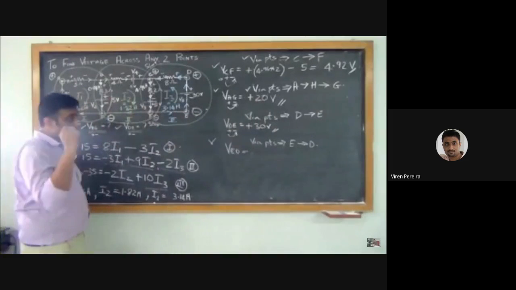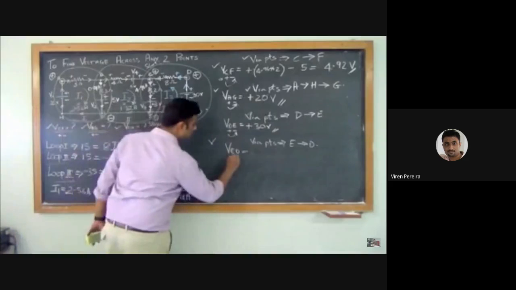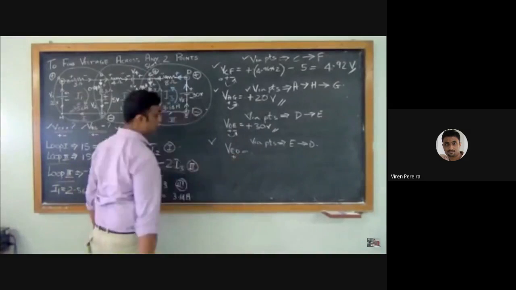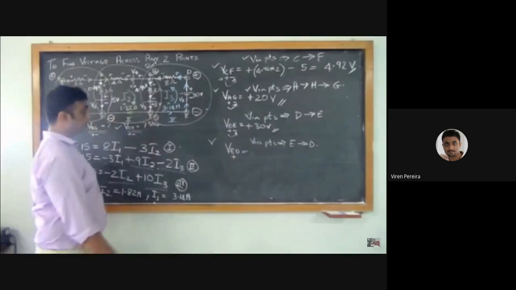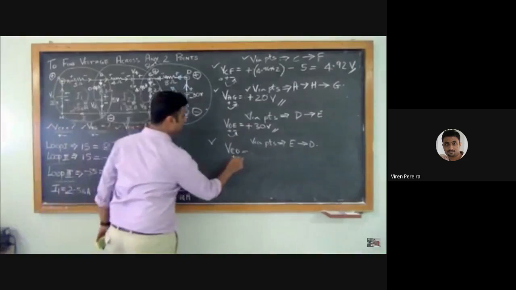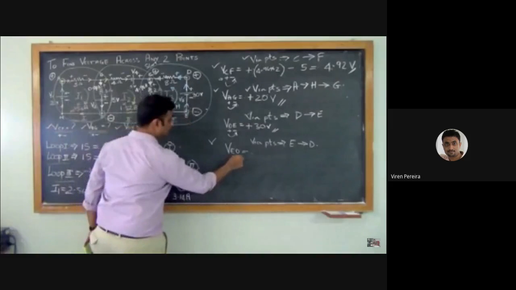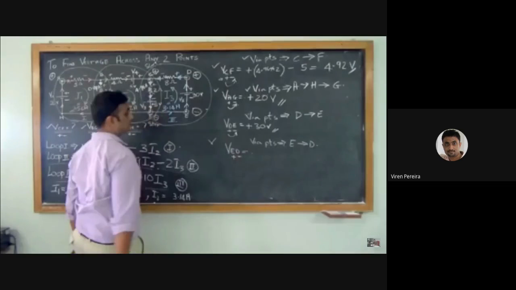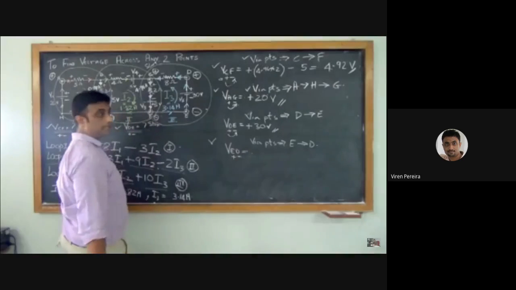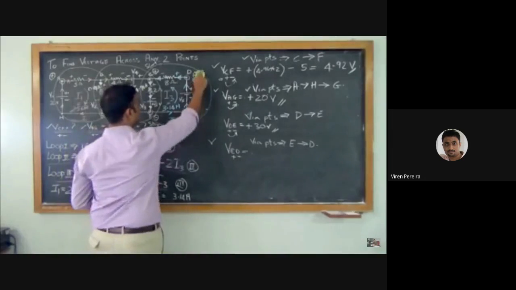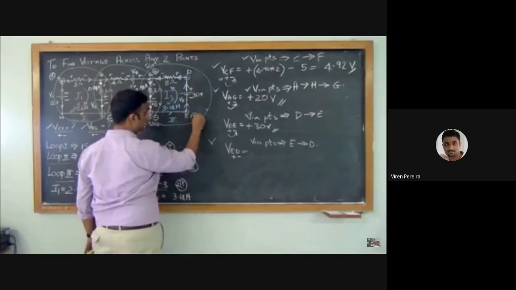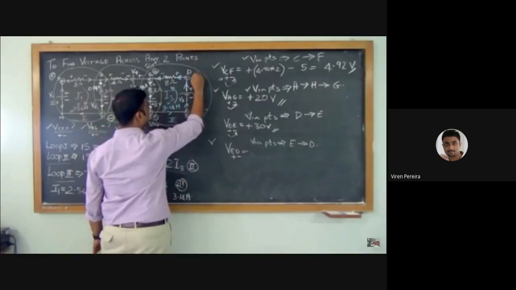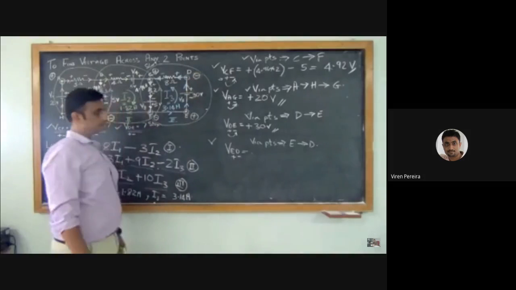The first terminal, the positive terminal of the multimeter, is connected to E, and the negative terminal of the multimeter is connected to D. So E will be positive right now and D will be negative.